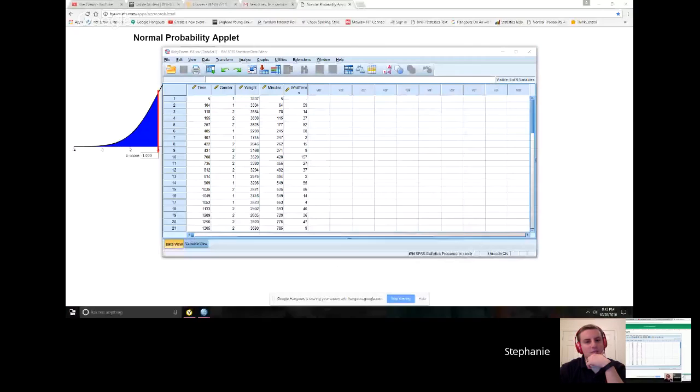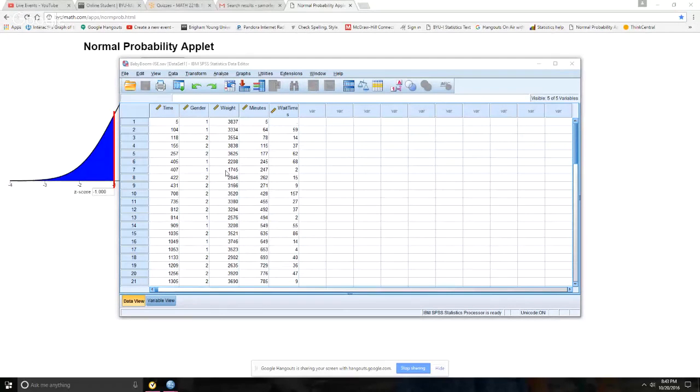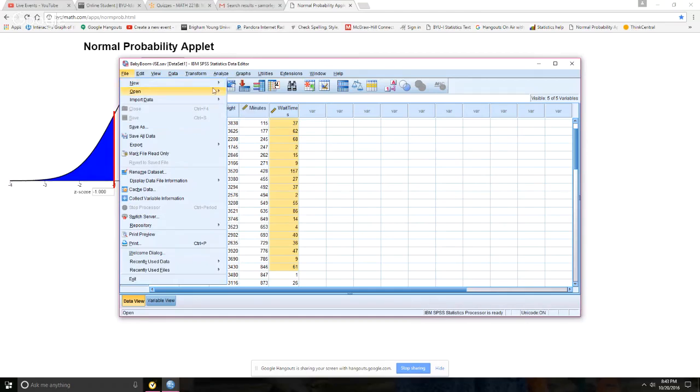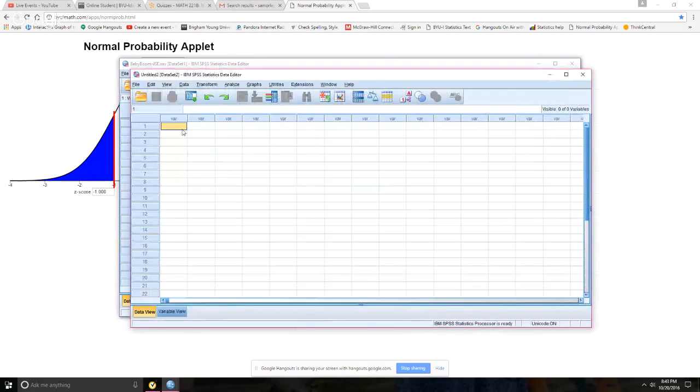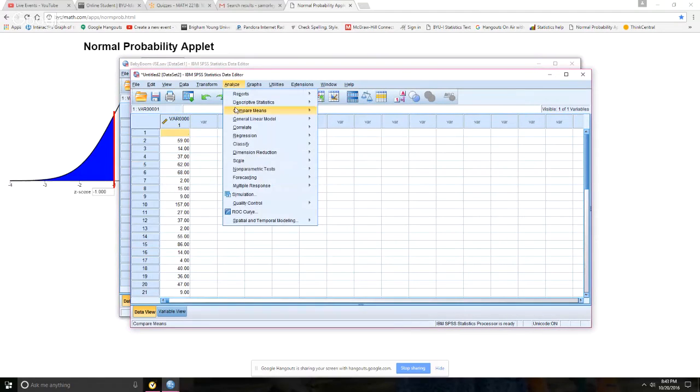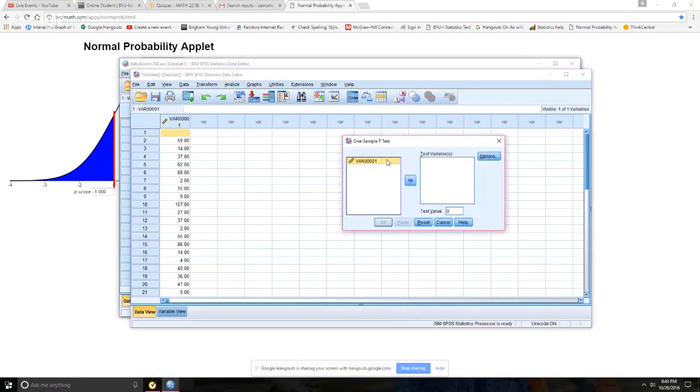In my opinion, you shouldn't be using SPSS unless you're actually going into 300 and 400 level statistics classes. For our purposes, we're just trying to learn statistics, not a new program. You can do that with something you're comfortable with, like Excel. I just feel like it's kind of silly that we're using SPSS.